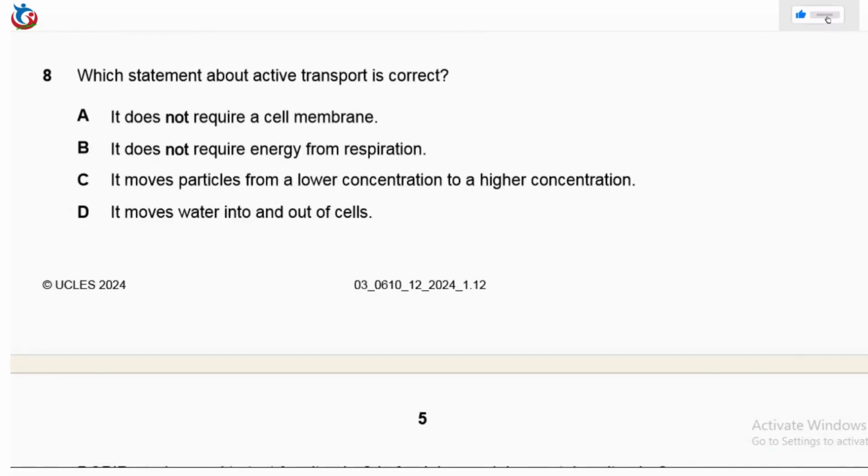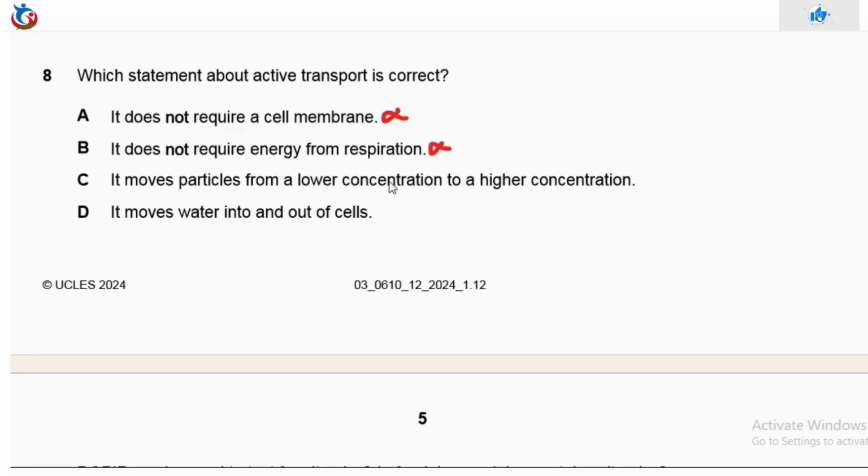Question 8 says, which statement about active transport is correct? A. It does not require a cell membrane. In active transport, cell membrane is still required. Option B. It does not require energy for respiration. Active transport requires energy.